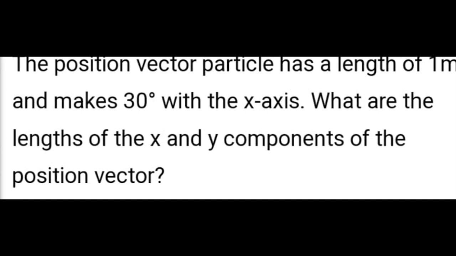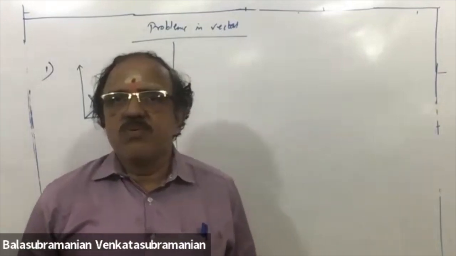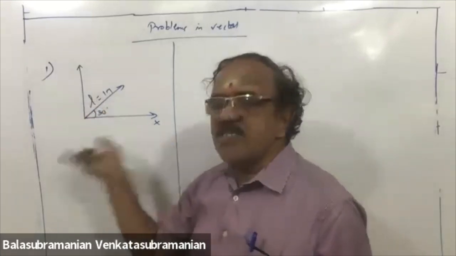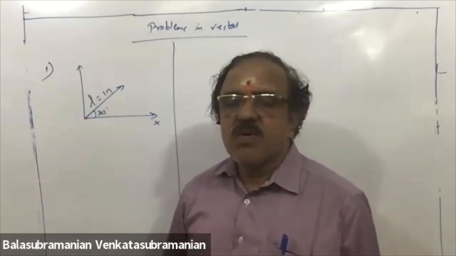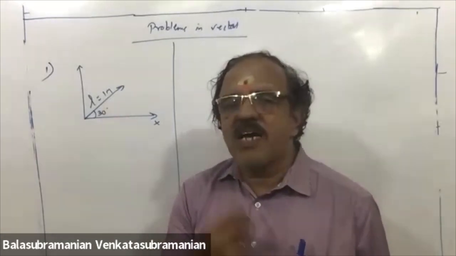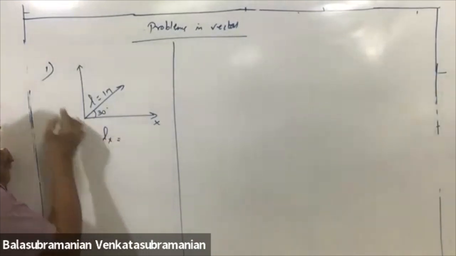We have studied components of a vector. Any value you are getting, in this case it is length, you can represent this L in terms of the x-axis and the y-axis: Lx, Ly.